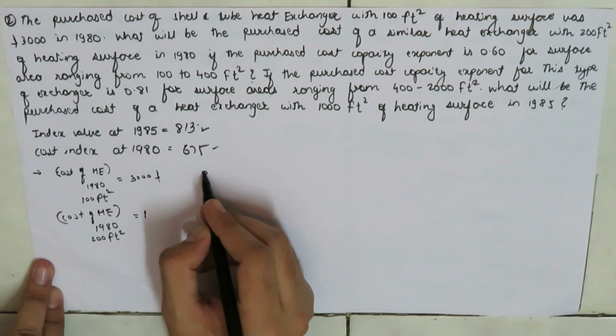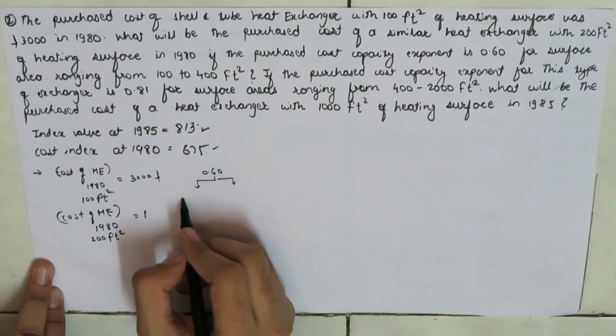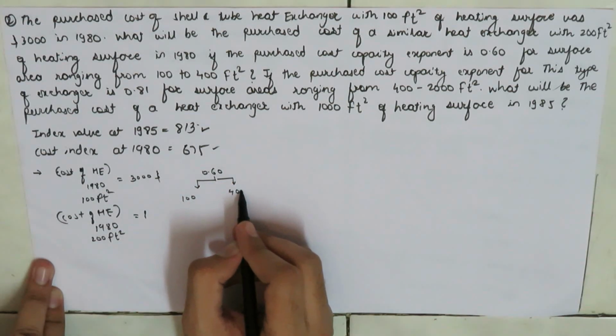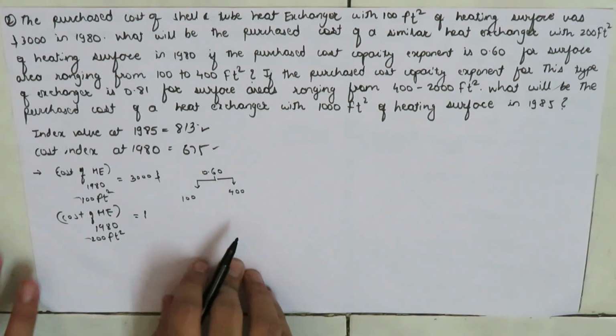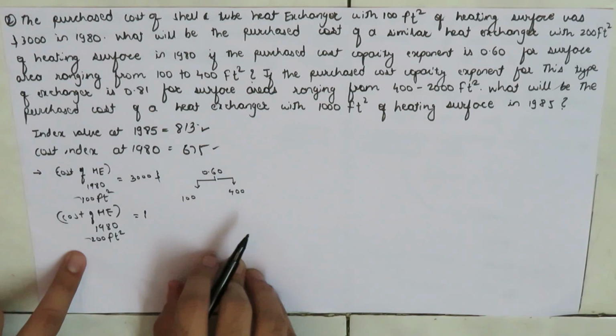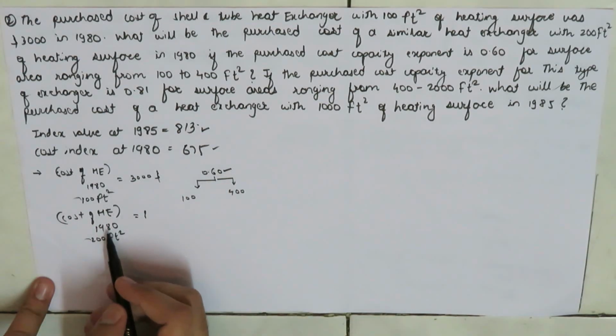And the exponent is 0.60 for the area ranging between 100 to 400, and here we are dealing with 100 to 200, so we can use this exponent. So we know the cost of heat exchanger in 1980.